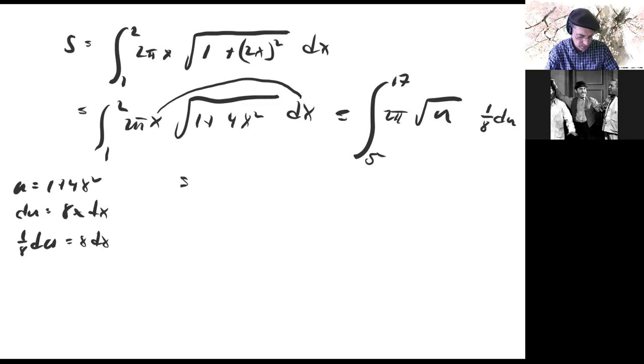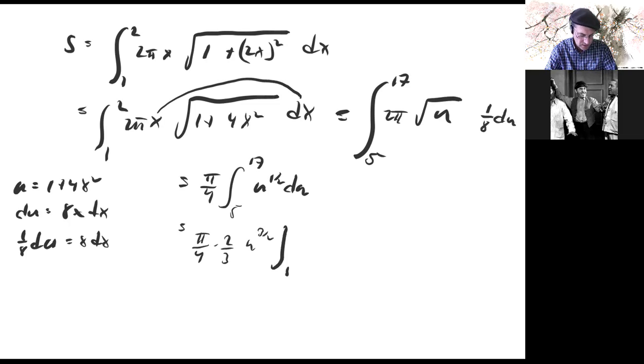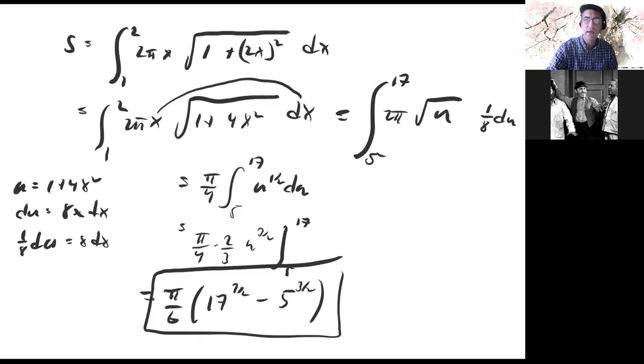If we bring the constants out, we have pi over 4 times the integral from 5 to 17 of u to the 1/2 du, which is pi over 4 times 2/3 u to the 3/2 from 5 to 17. So this is going to give me pi over 6 times 17 to the 3/2 minus 5 to the 3/2. That's the answer. Okay, so that gives us an answer.